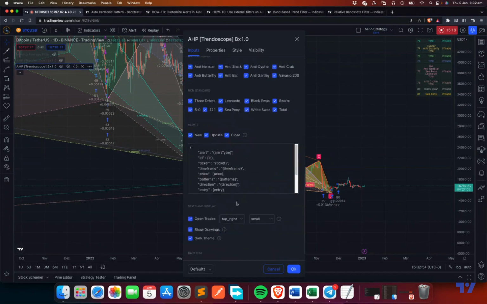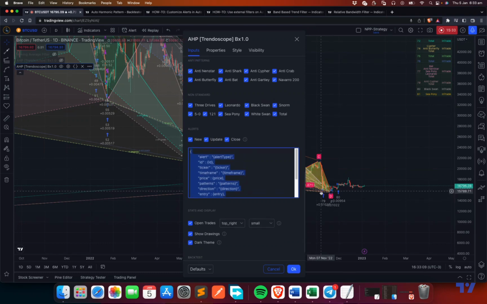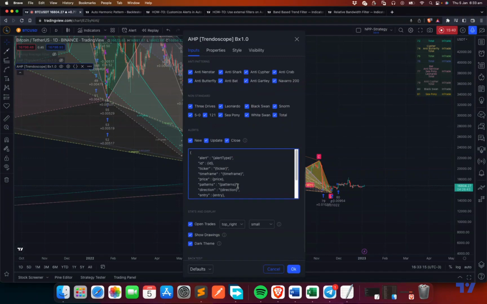And these alerts, however, are placed when the pattern is formed, or when the pattern is updated and closed. So that means you can use these alerts to place a stop order or limit order well in advance. But if you use strategy based alerts, you'll only be able to use that for creating market orders, right?